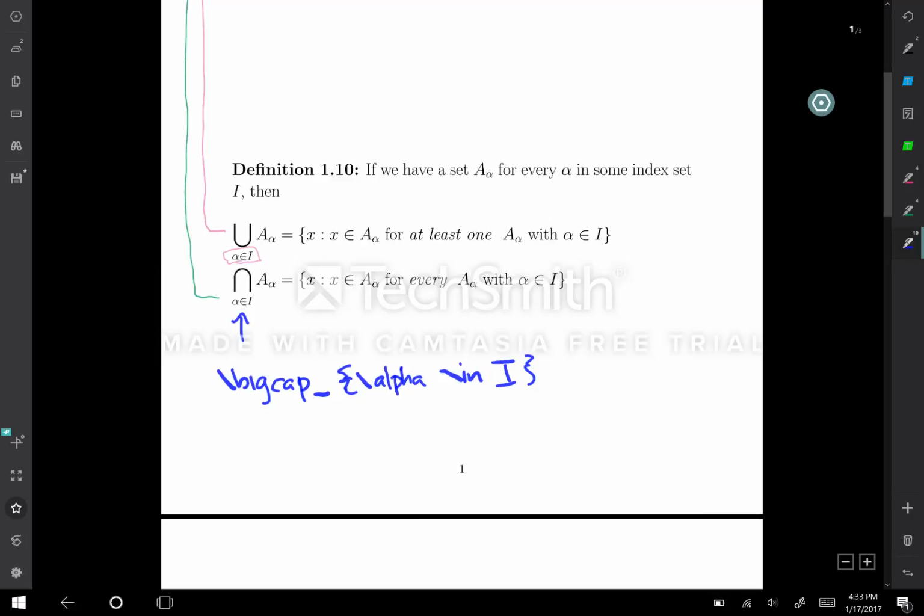The underscore tells it to be a subscript and go underneath. And then what goes underneath is the \alpha, which gives you the Greek letter alpha. Then \in is the element symbol, and then I.